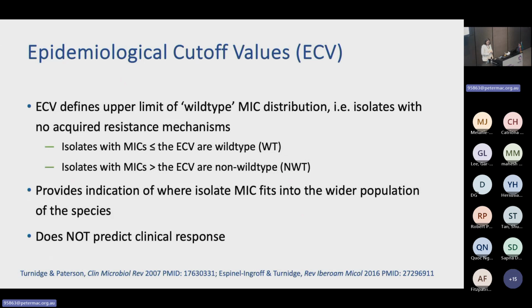Wild-type populations have MICs that are associated with an absence of resistance mechanisms, and non-wild-type isolates have MICs that are associated with acquired or intrinsic resistance mechanisms. So isolates with MICs at or below the ECV would be considered wild-type, and isolates with MICs above the ECV would be considered non-wild-type. But importantly, ECVs do not predict clinical response.